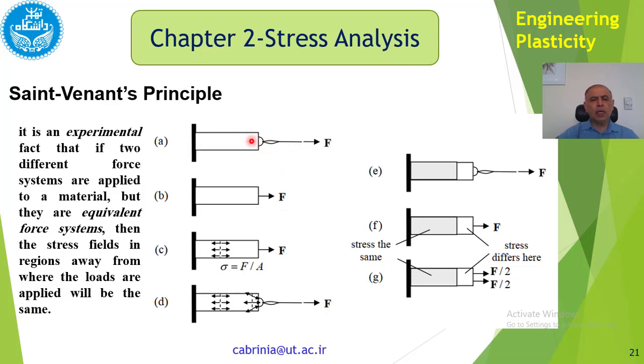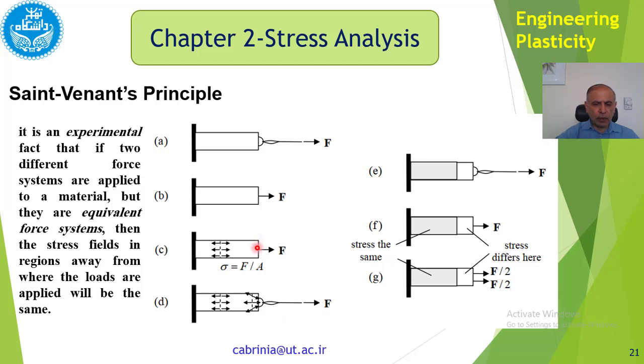We can replace this with a simple model, F applied at the bar. However, if we want to see the internal forces, we have to cut it by a plane normal to F or at an angle. Now we have cut it by a normal plane here, and we say that sigma is equal to F over A on this plane, as we explained in previous slides.